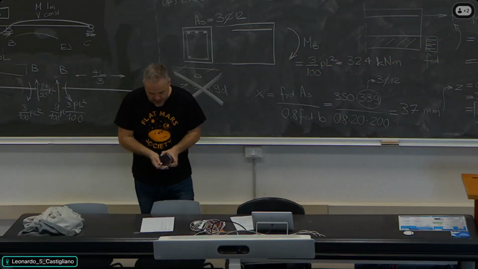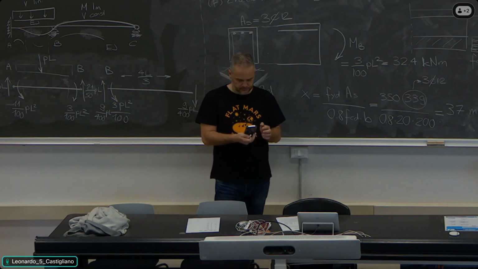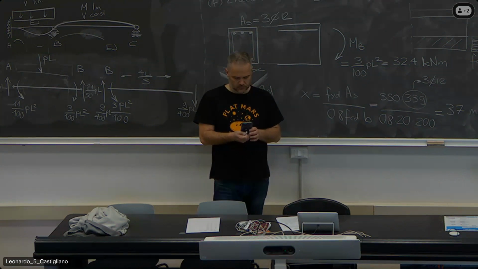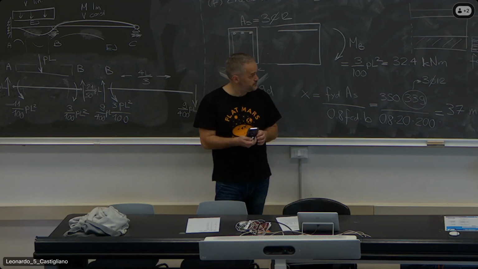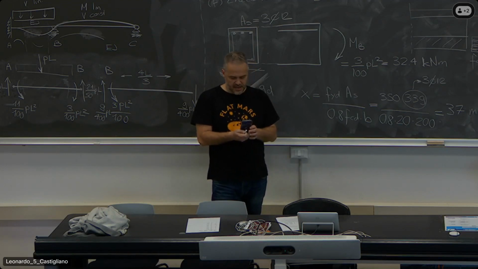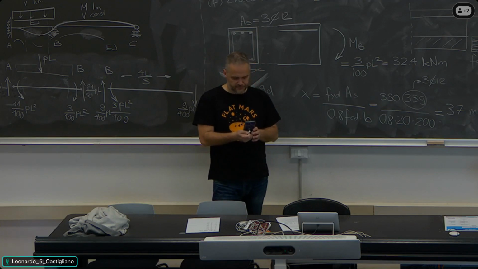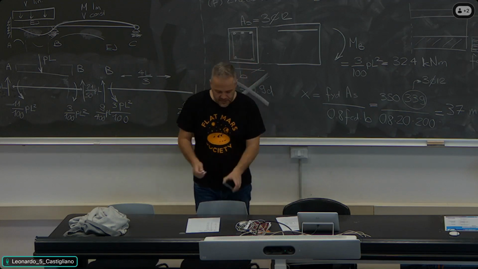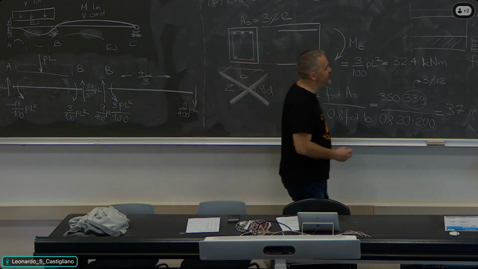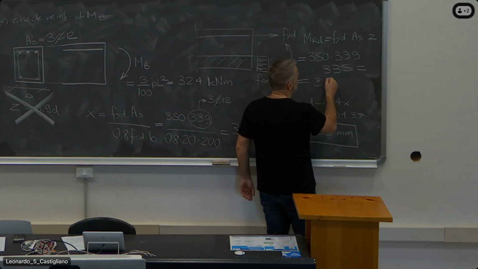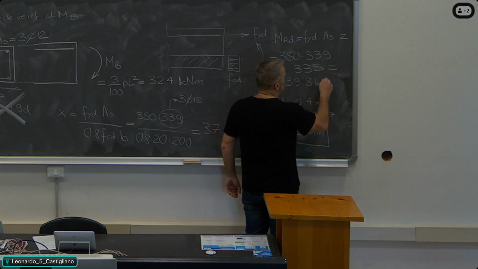I do the calculation. 350 times 339 times 335, divided by 1 million, because I want the result in kilonewton meter. 39.75, let's say 39.8 kilonewton meter.